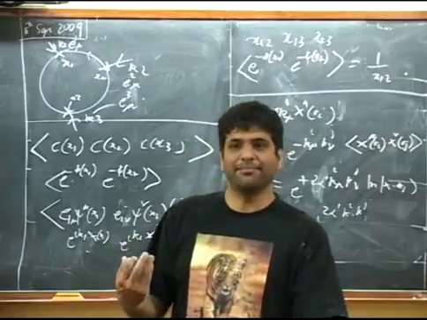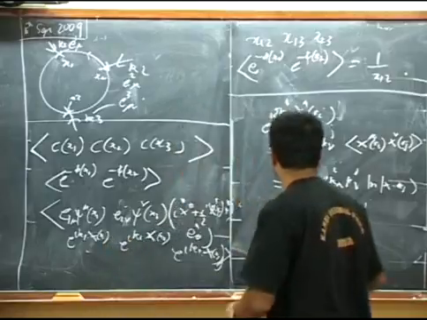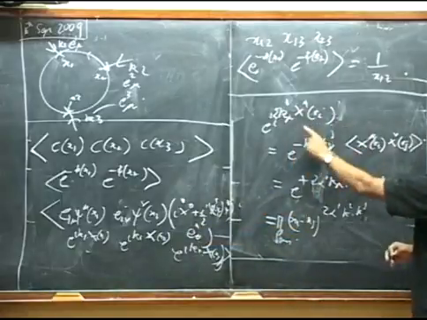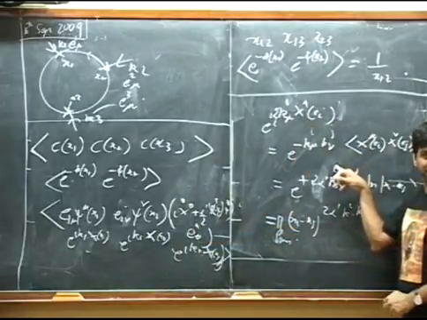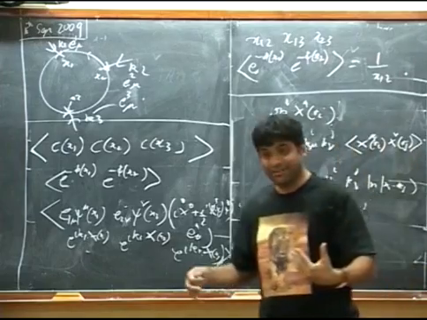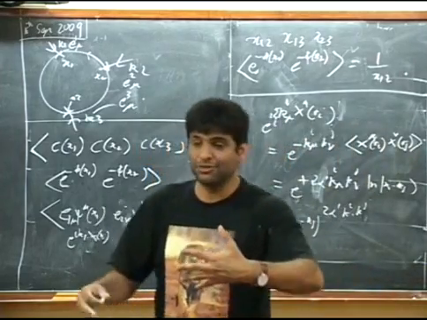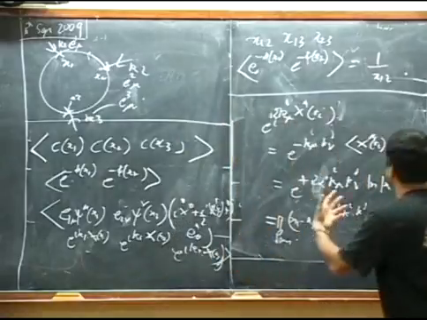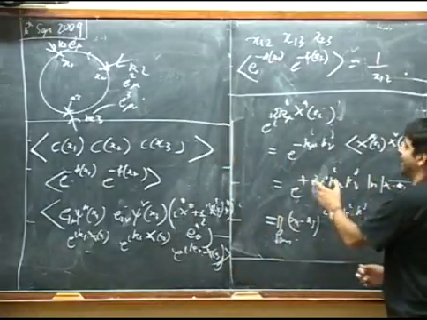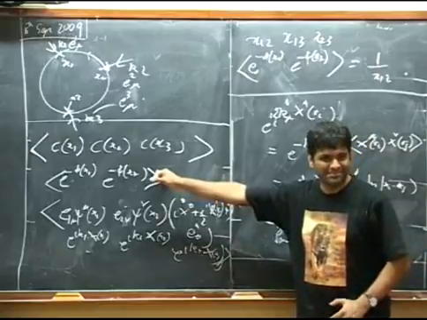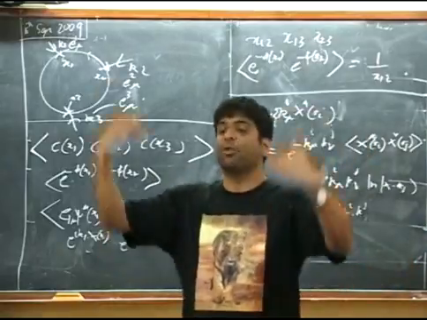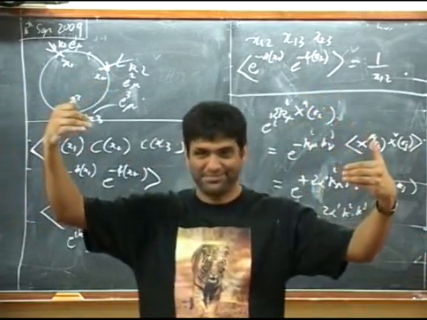The point was that we did a Gaussian integral with some sources in order to get this result. So that Gaussian integral is saturated by the classical solution plus fluctuations. And on the classical solution, x dot has a non-zero value. The fluctuations are independent of what the classical solution is.